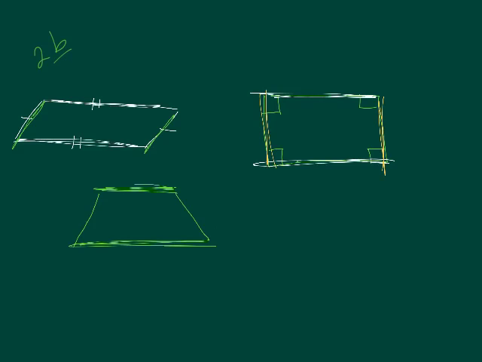A rhombus looks like this. And the definition of a rhombus is that it's an equilateral parallelogram. Means that all the sides are the same length, but not all the angles are the same angle. So it's kind of like a square that has been mushed over a little bit.